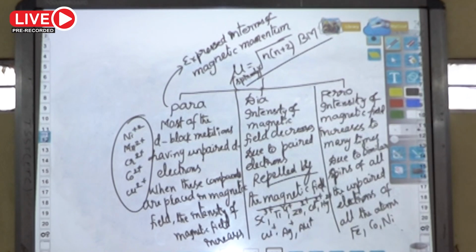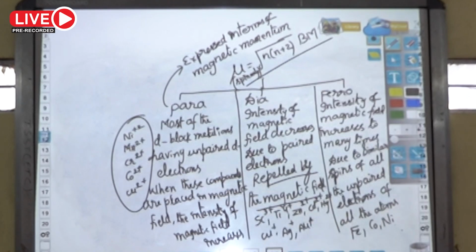Then the conclusion is, in other D block series, the magnetic momentum is not alone due to spin, but also due to orbital motion. So this is how we sum up the magnetic properties.